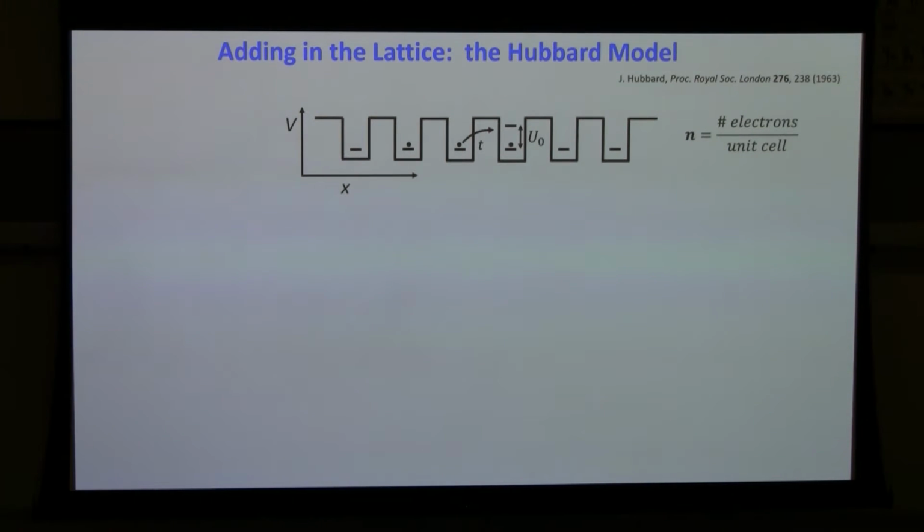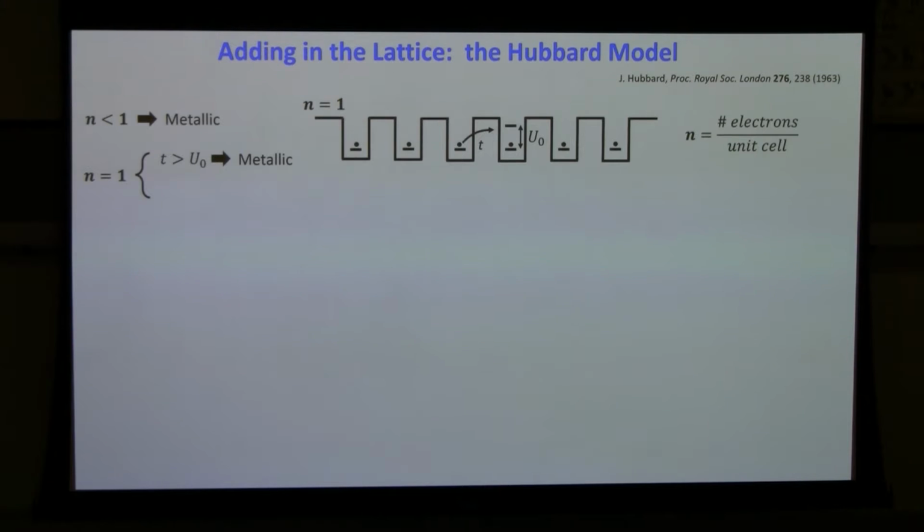So if you have the density of electrons less than 1, then lots of these cells are empty. There are no electrons in them, and so the electrons can move around very easily. They do not have to pay the price of double occupancy, and so the system is typically metallic. On the other hand, things get a little more interesting when the density of electrons is 1 electron per unit cell.